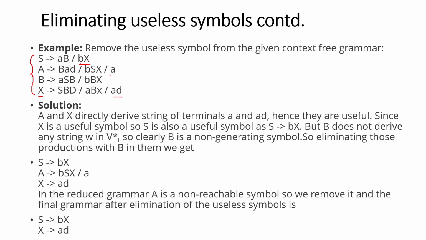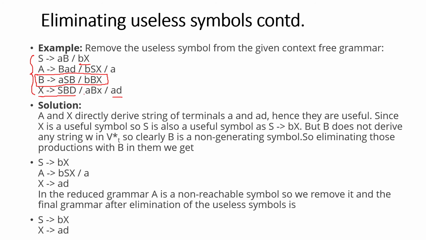And when you are eliminating the symbol B, always remember you have to eliminate all the production rules which are associated with this B. That means X to SBD will not exist because B is not there.